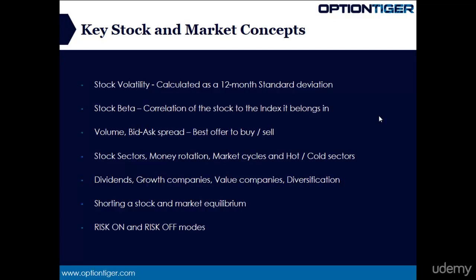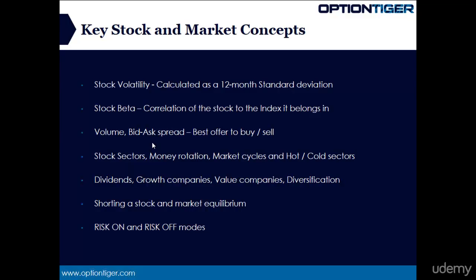Let's quickly look at the stock volatility. We already spoke about the stock beta. It is the correlation of the stock to the index it belongs in. Now, volume and bid-ask spread are going to become very important in your decisions, because for some stocks the bid-ask spread is very wide, and that relates to liquidity.